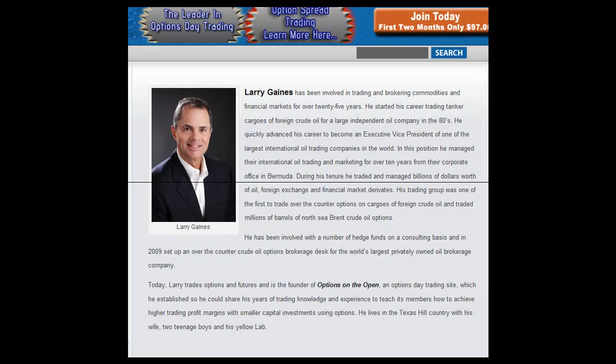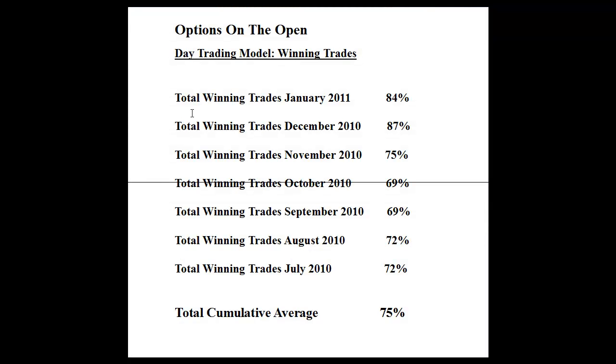Since I started using this model on actual trades this past July 2010, its cumulative average of winning trades is over 75%. So it provides us a trading tool with a very high degree of accuracy. Now I'd like to show you this breakdown from July through January. Total winning trades for January 2011 to date is 84%.